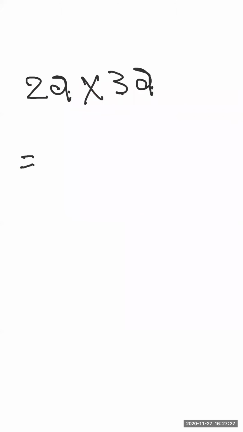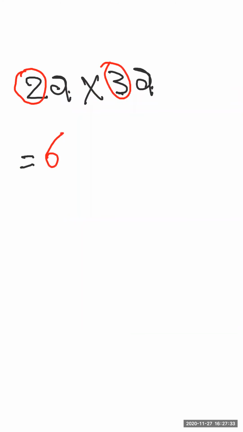Now, about multiplying algebraic terms, if it's 2a times 2a, for example. Or let me change it to make it 3a. So now, guys, what will be the first step? The first step, I'm going to multiply the coefficients. 2 times 3, so it will equal 6.